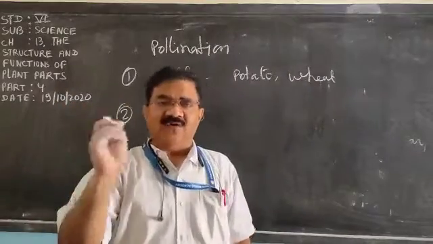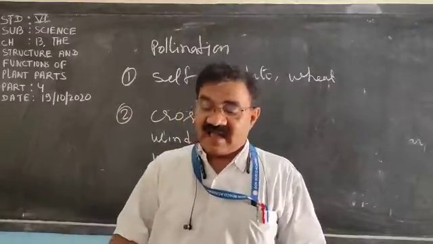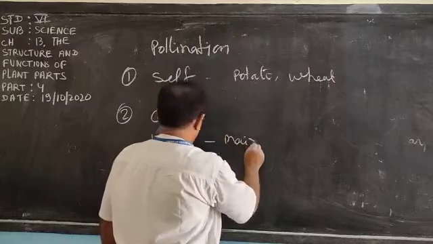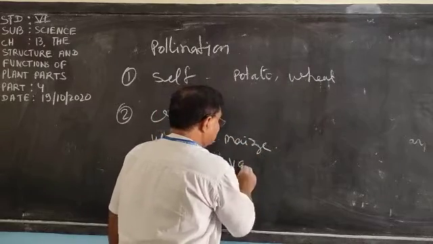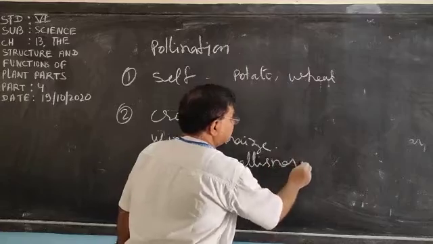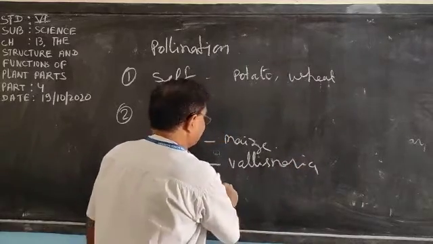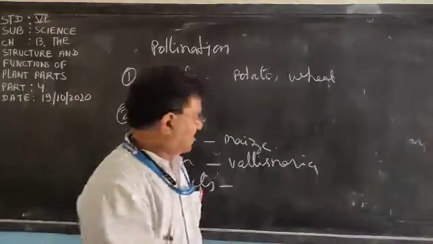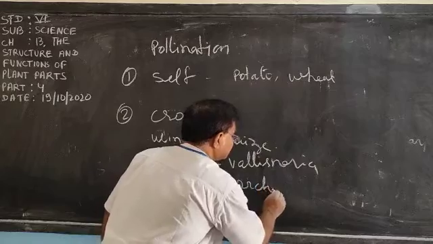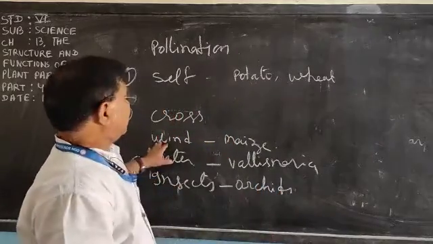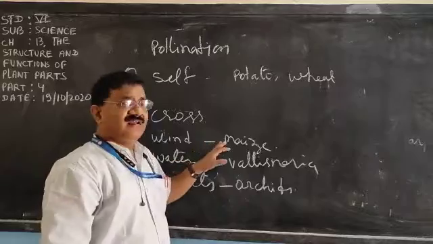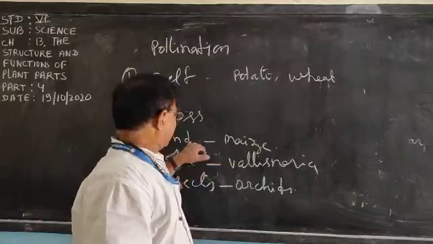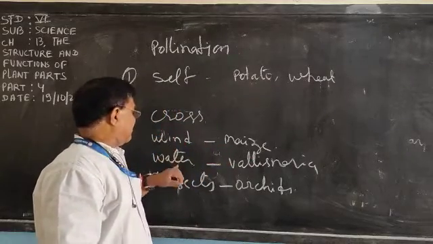The pollen grain may go with the help of wind, as in the case of maize. Vallisneria, and insect-pollinated flowers like orchids. If by the help of wind the pollen grains are transferred from one anther to the stigma, it is called cross-pollination by wind.